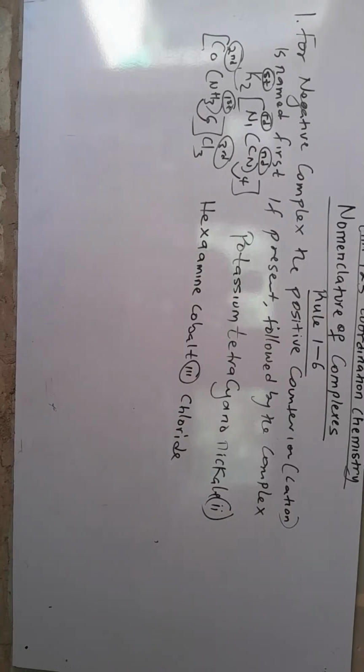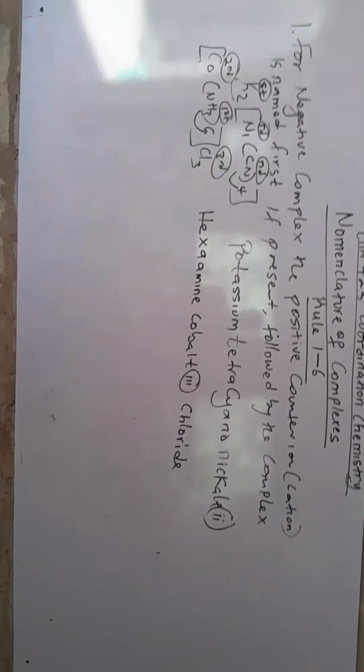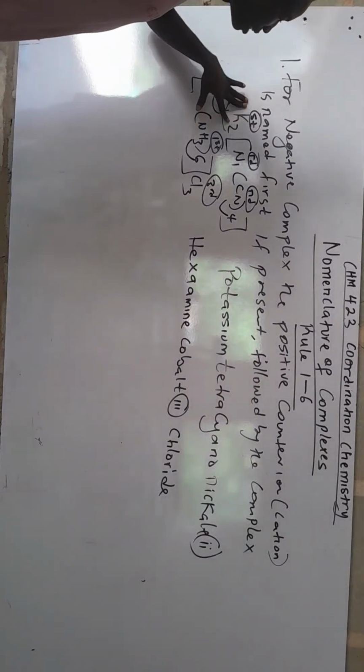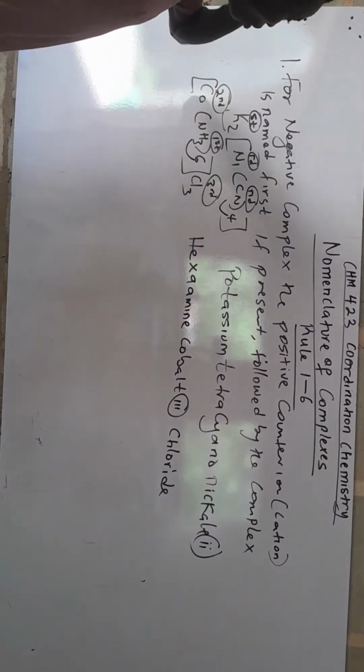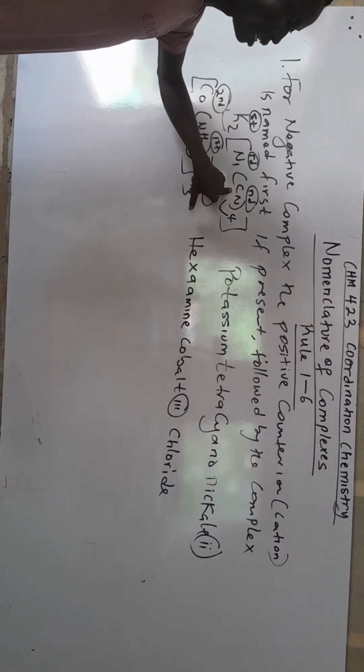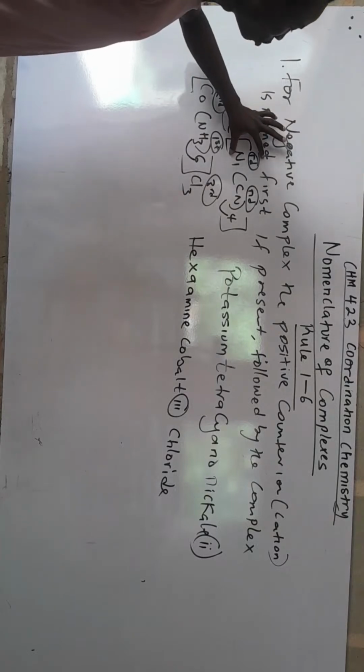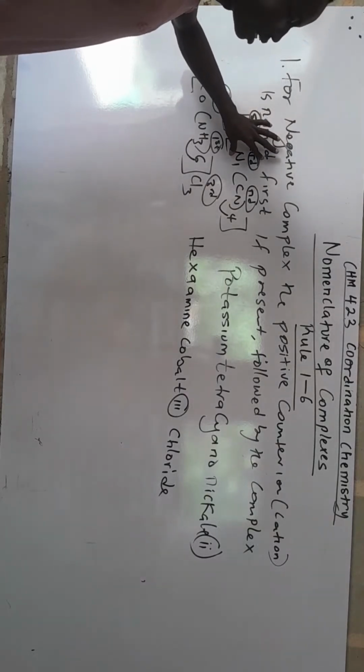Now, let us proceed and see the ones that we have next, and how they are named as well. From this, I made mention of the fact that here you name the potassium first, before the second one, which is the tetracyanonickelate(II), and the third one, which is the nickel itself.